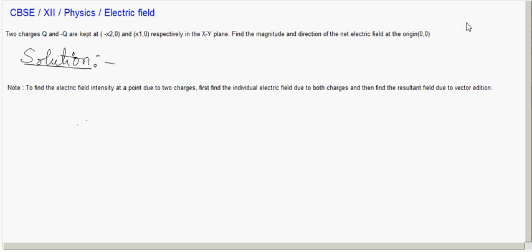So here are given two charges plus Q and minus Q. Let me say this is the origin O, 0, 0. We will draw the xy plane.